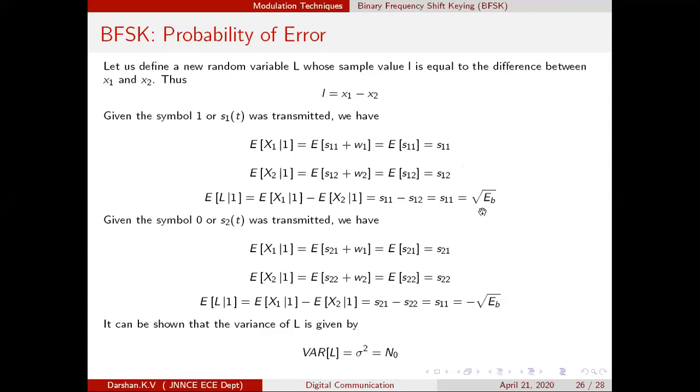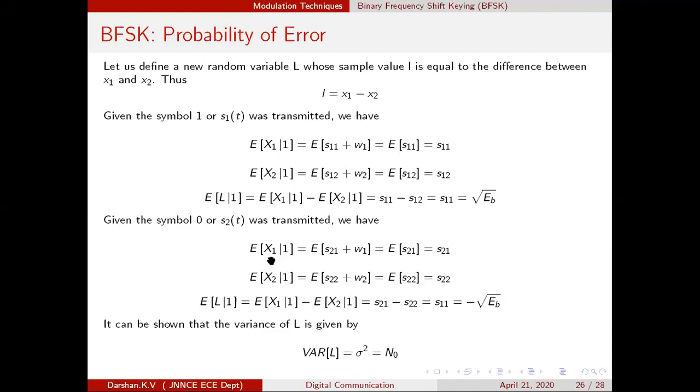So what does this calculation mean? It says the mean of the random variable L is root EB when symbol 1 has been transmitted. Similarly, if you analyze for symbol 0, the calculation is as follows.